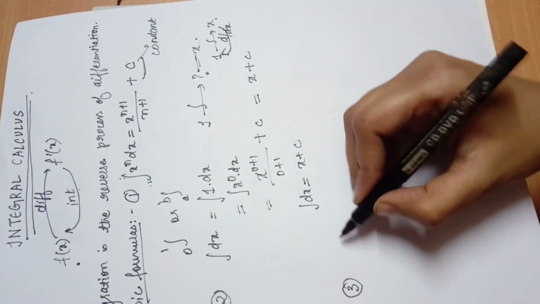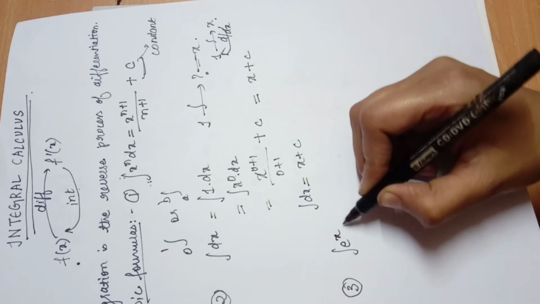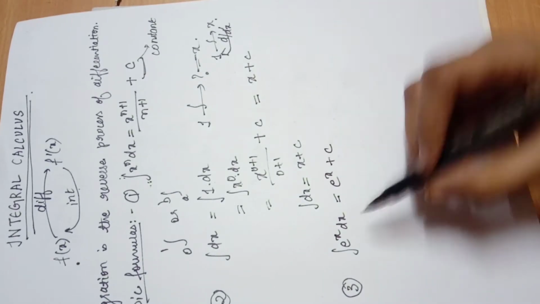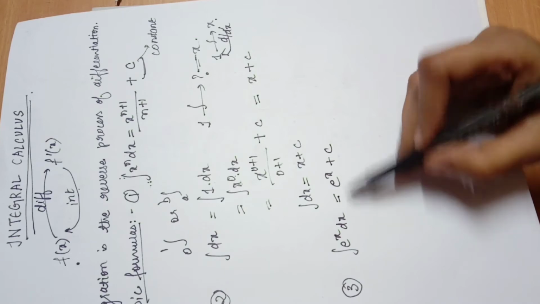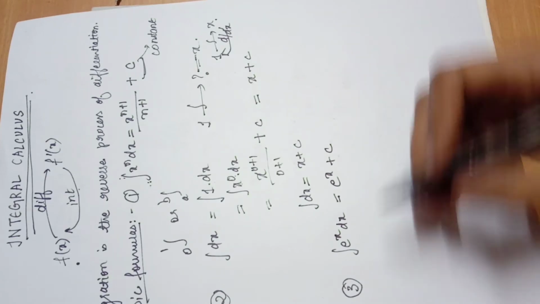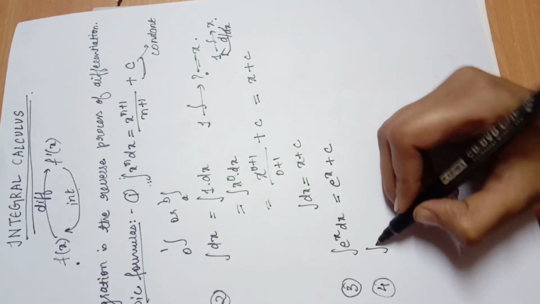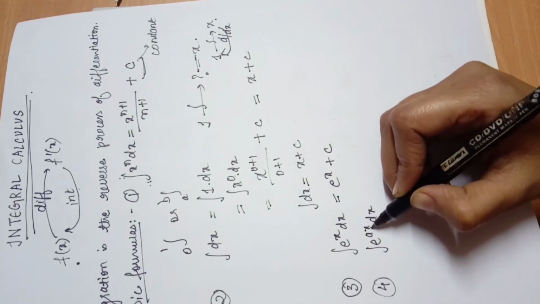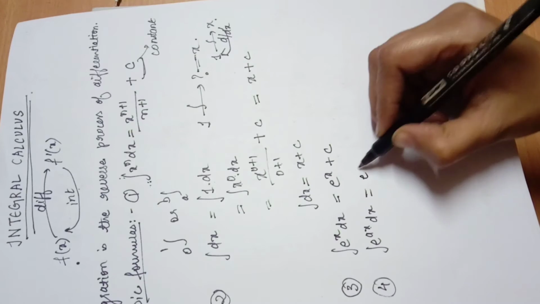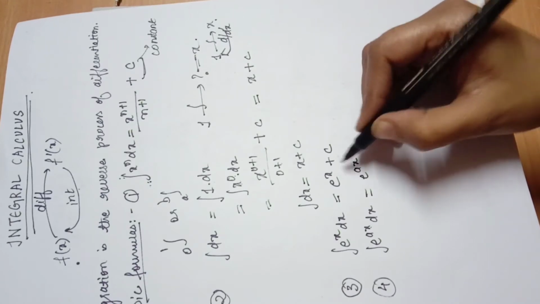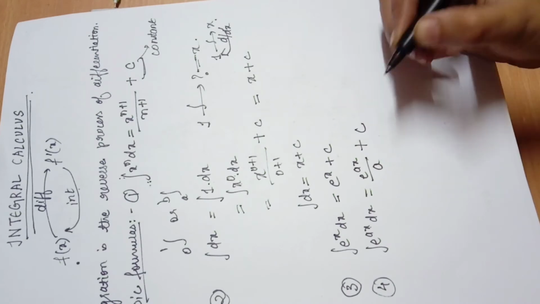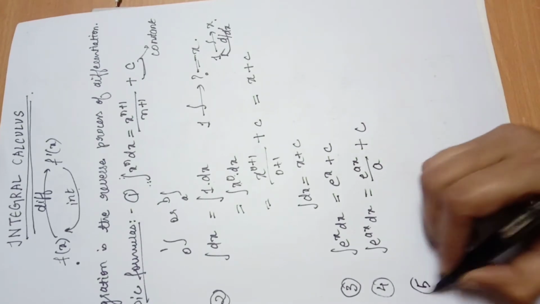Next, the third rule is the exponential, e to the power x dx. This is very easy. Exponential on differentiation and integration gives back the exponential itself. But suppose there is some constant in front of x, what do we get? e to the power ax itself, as it was here, divided by that constant, plus c, right?